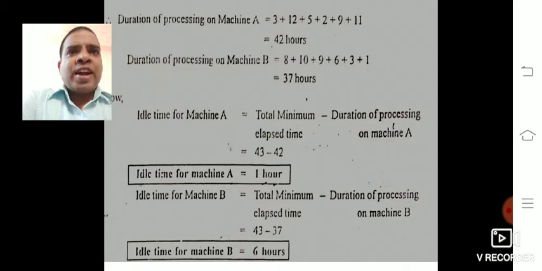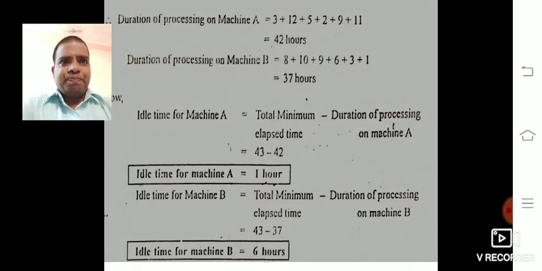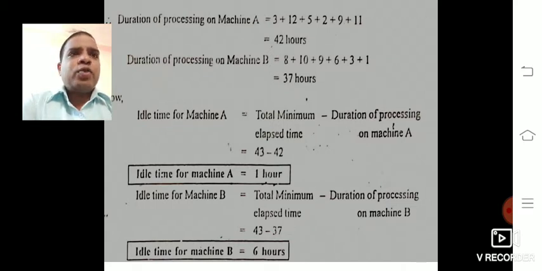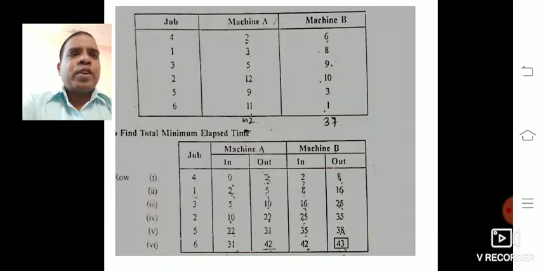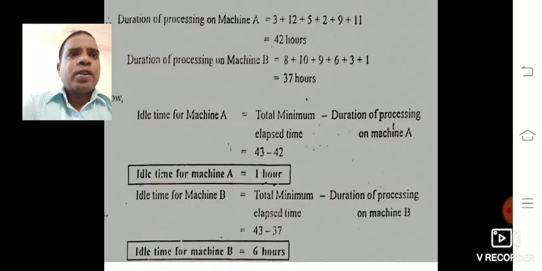We need to find out the idle time for machine A. The formula is total minimum elapsed time minus duration of processing on each machine. The total minimum elapsed time that we found in the previous step is 43, and the duration of processing on machine A is 42. 43 minus 42, idle time for machine A is 1 hour.